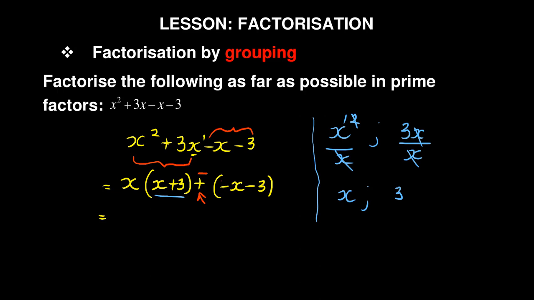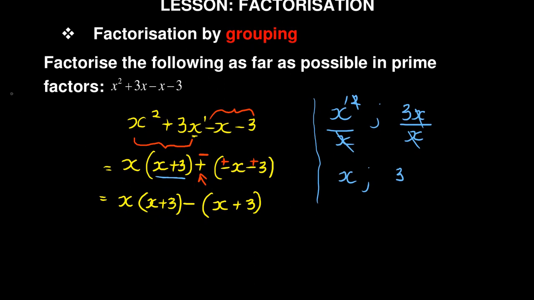For example, the negative x will become the positive x, the negative 3 will become the positive 3. So if you rewrite this, you will have x plus 3. Where there is a positive, I took out a negative, so I'm now having x plus 3.